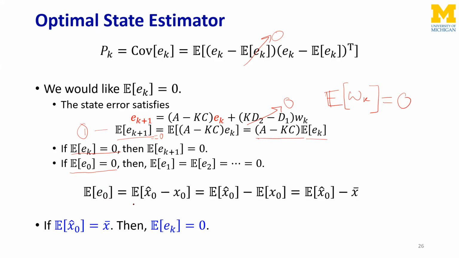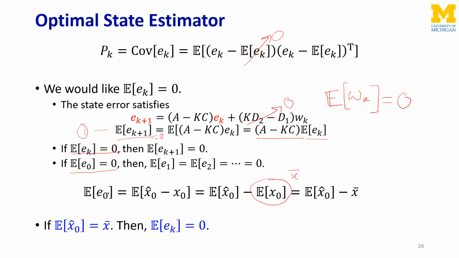Now, what is the expected value of E naught? That's just the expected value of x naught hat minus x naught. Since the expected value is a linear operator, I can separate them out. And the expected value of x, we know, is equal to x bar because that's what we assumed.